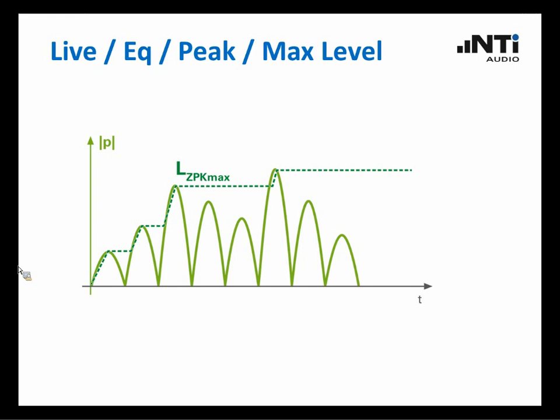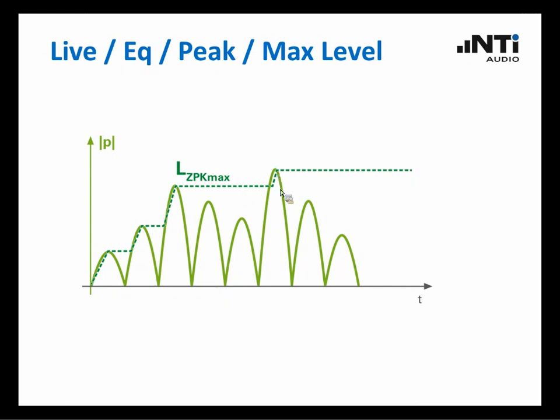The peak is an indicator of the maximum rectified level that has occurred during my measurement, and peak max means that the displayed result, which is represented by this dark green dotted line, will always stay where it is unless an even higher peak occurs.